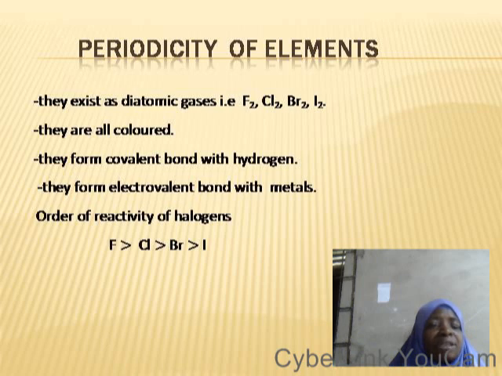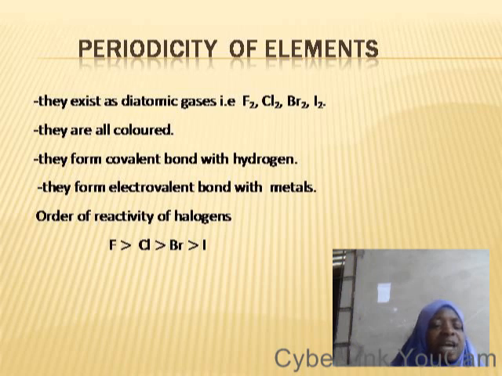For example, the color of iodine is what? It is brown. They form covalent bonds with hydrogen, like hydrogen fluoride, hydrogen chloride, and so on. They also form bonds with metals, like group 1 metals and group 2 metals. An example is sodium chloride, like I've said before, potassium chloride, and with group 2 elements, magnesium chloride, and so on like that.